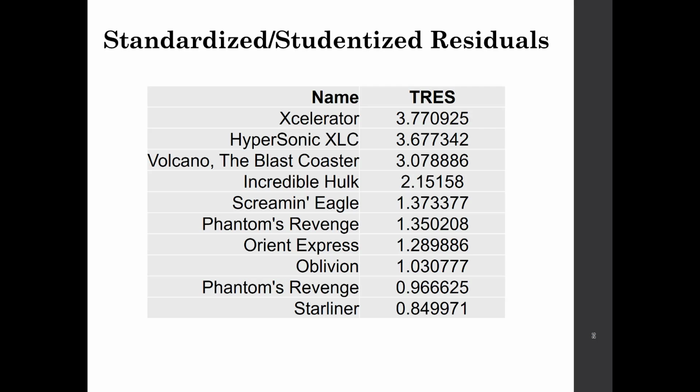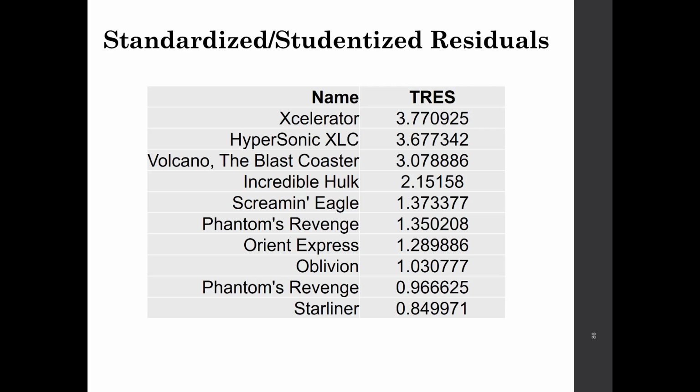I computed this regression in a program called Minitab and asked for it to give me all of the leverage, residual, and Cook's distances. Here I've included the deleted t residuals. Minitab calls it t-res at the top of the column there.